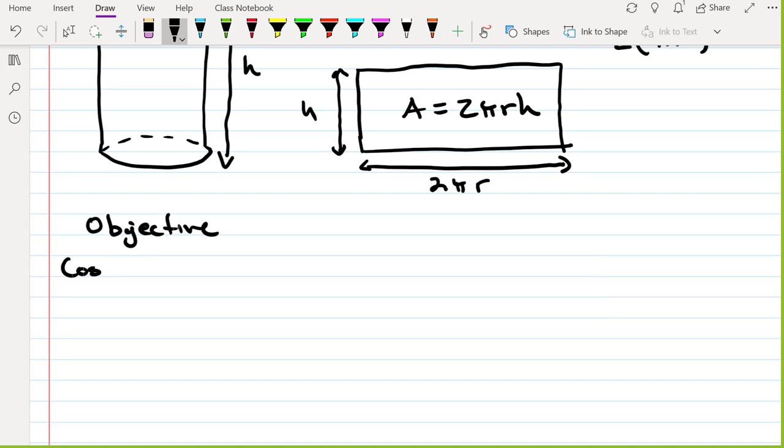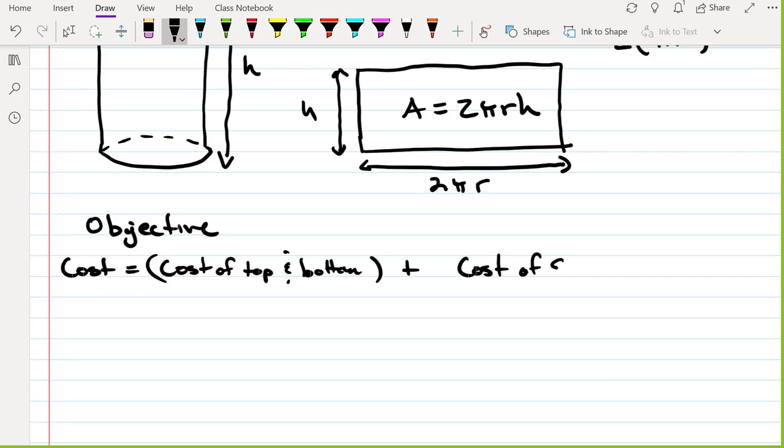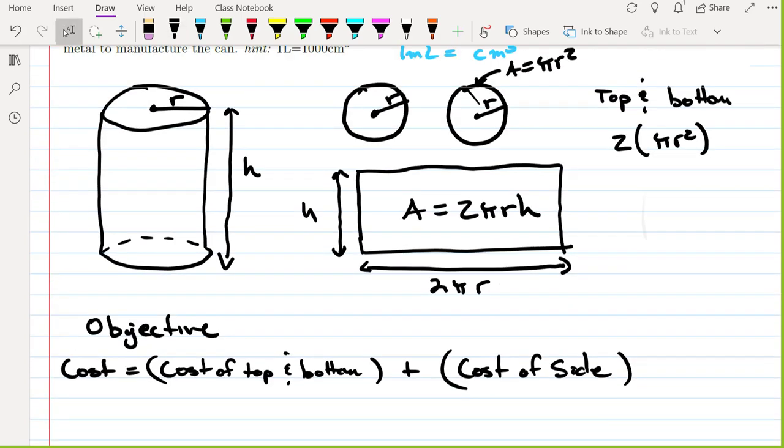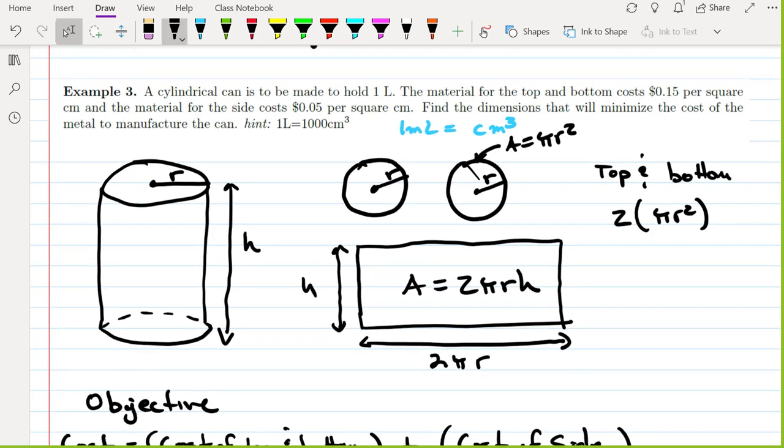Well, our cost is going to be equal to the cost of the top and bottom plus the cost of the side. But to calculate the cost of the top and the bottom, we know the cost for the top and the bottom is 15 cents per square centimeter.